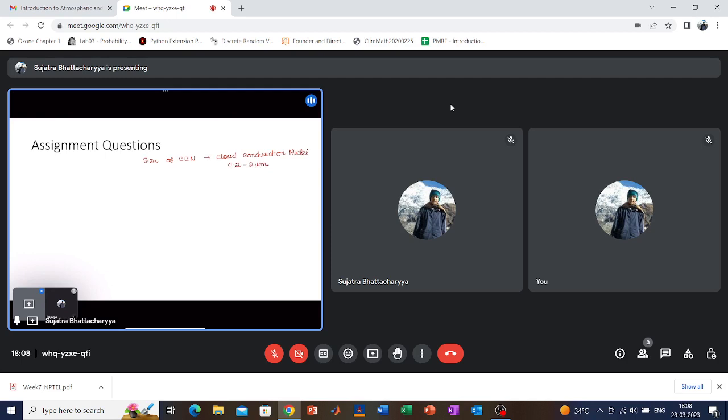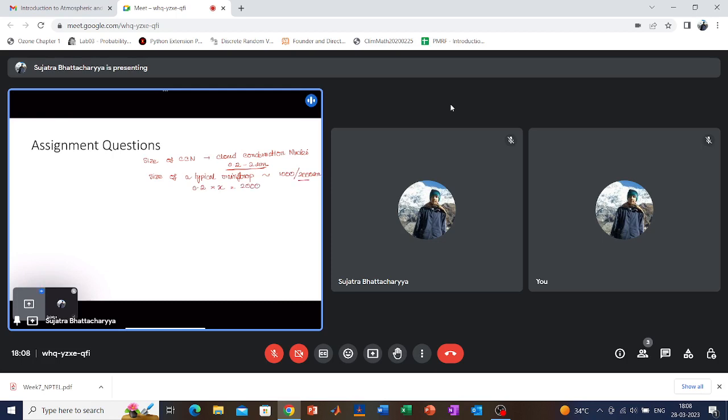Now, if CCN size is 0.2 to 2 micrometer, and we also know that the size of a typical raindrop is about 1000 or 2000 micrometer. Now, 0.2 times how much is actually 2000?